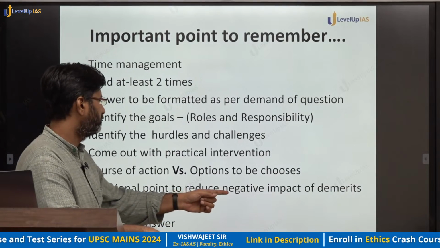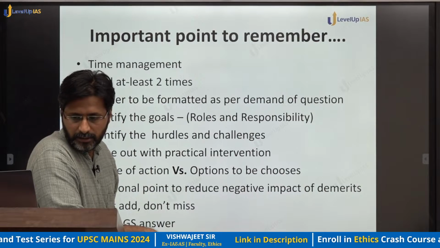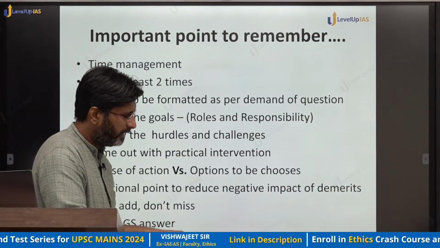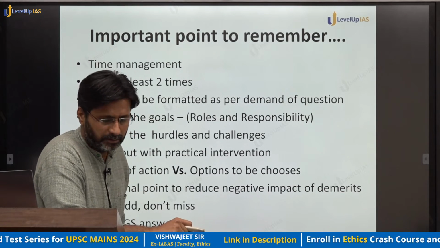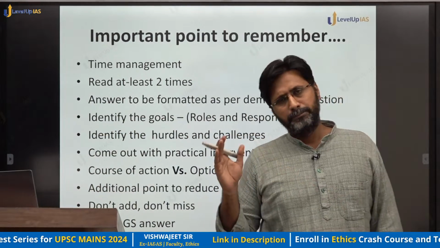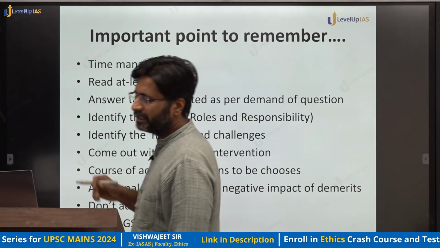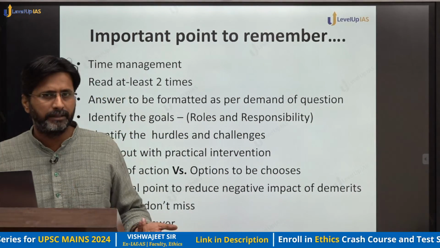Additional point: reduce the negative impact of the demerits. Most of the time, people forget this also. When you choose some option, the merits on the basis of which you chose the option get followed by demerits automatically.